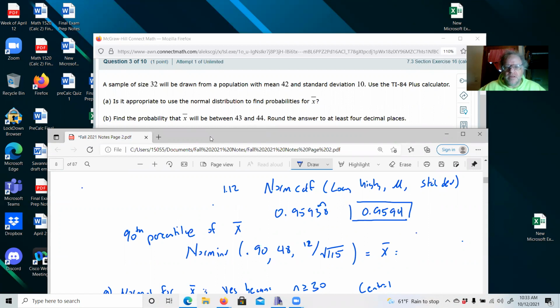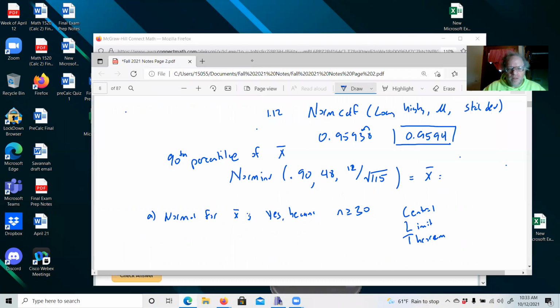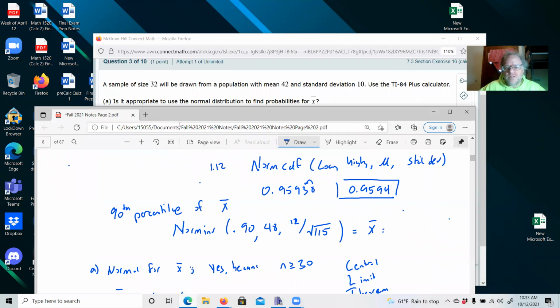Okay, so what do we have here? We have x bar is approximately normal. What's our average? Remember, the average for x bar is the same as the average for the underlying population. The average of the averages is the average.